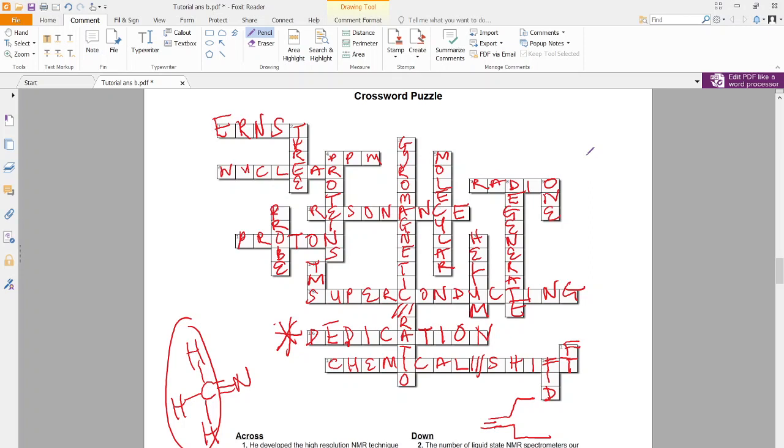I do hope that you actually did the exercise, the tutorial. And if you can't answer the questions, I hope you look at the lecture notes that pertain to the exercise and start doing your revision. I hope you enjoy this crossword puzzle.